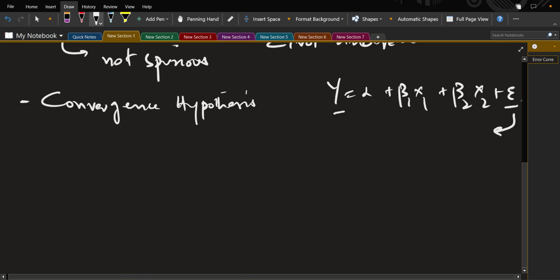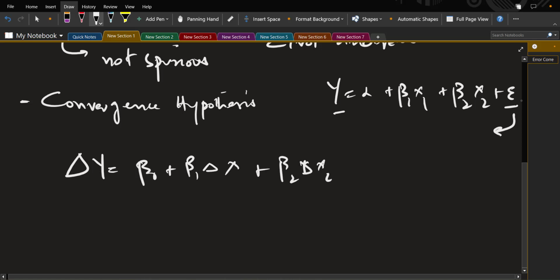So the hypothesis is that if this equation is true, then the next equation that I'm going to show should show some properties. The next equation is that the change in y, which is the first difference of y, is equal to beta 0 plus beta 1 change in x1 plus beta 2 change in x2, minus gamma error term lag, plus theta, plus the error term of this equation.